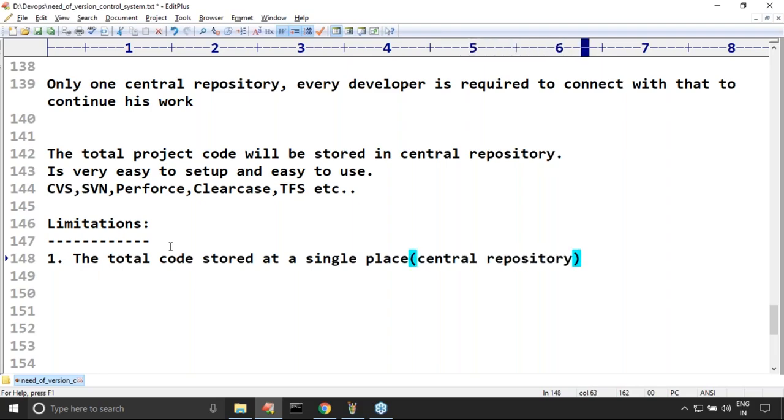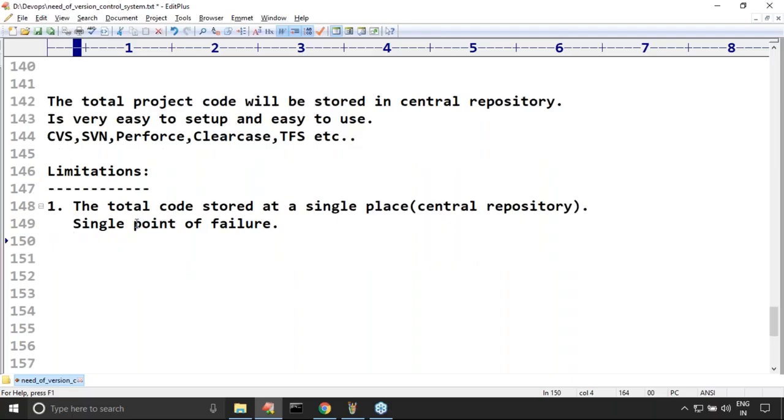If something goes wrong with this central repository server, the recovery is difficult, which causes a single point of failure.